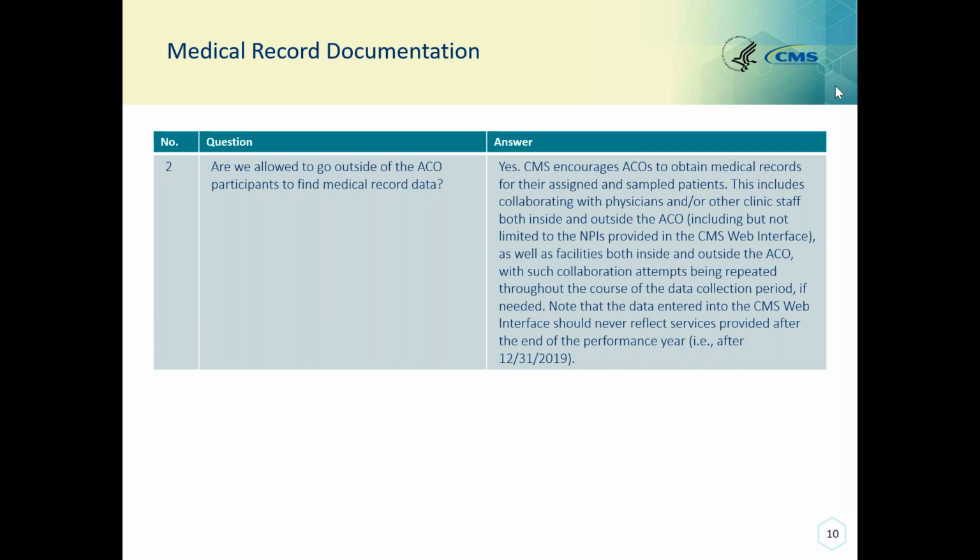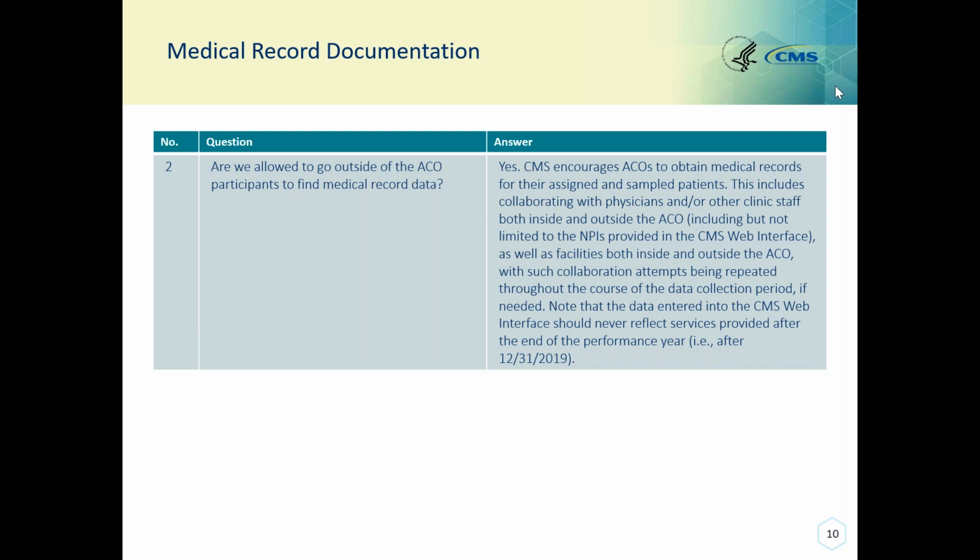All right, so slide 10 is up on the screen. So if you could just clarify the difference between slide 11, as it was stated that we shouldn't be getting documentation for measures after the performance year is over, and what slide 10 is saying. Thank you.